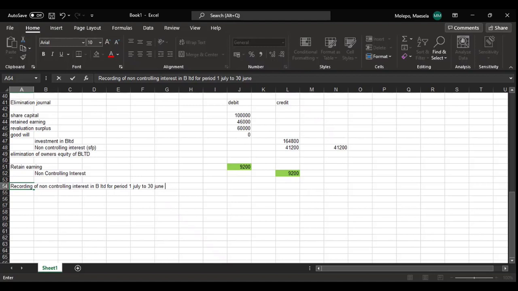So on the credit, we've got long-term borrowings. We borrowed 80,000 from A Limited, and on the B Limited side, he gave the money to B for 80,000.